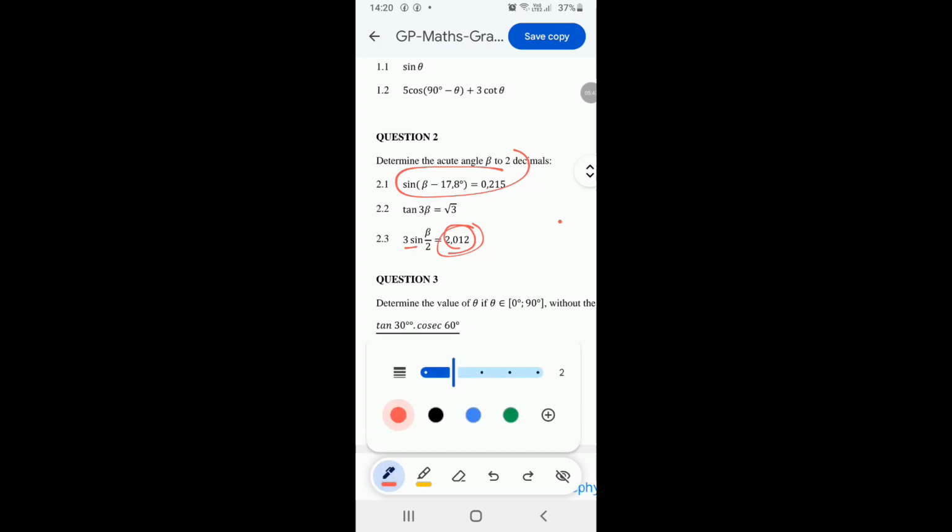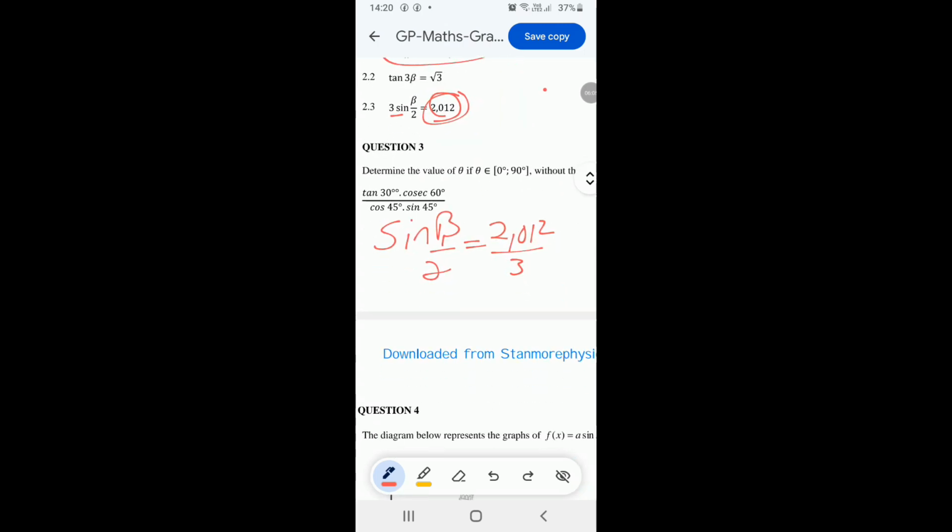The first thing that we do is divide by the 3 before we shift. So 3 sine of b over 2 equals 2,012. You're going to divide by 3, then you only write b over 2 here.